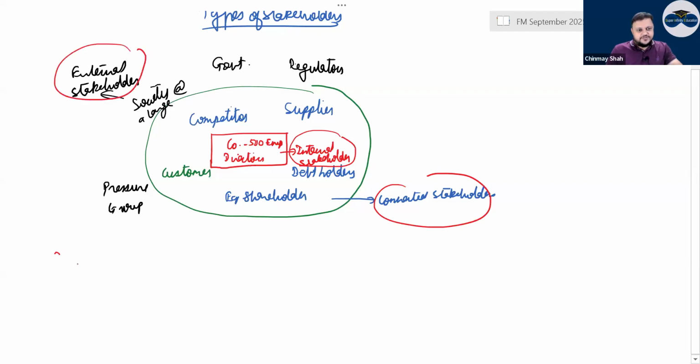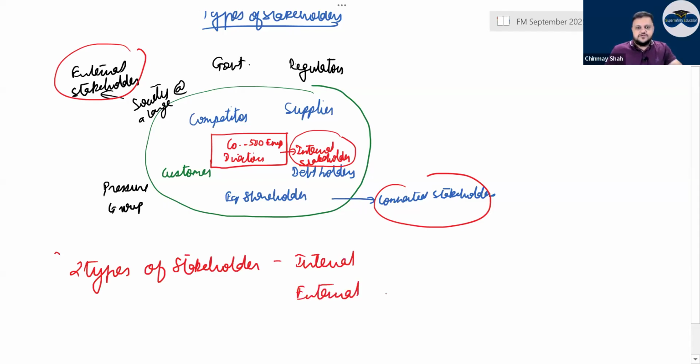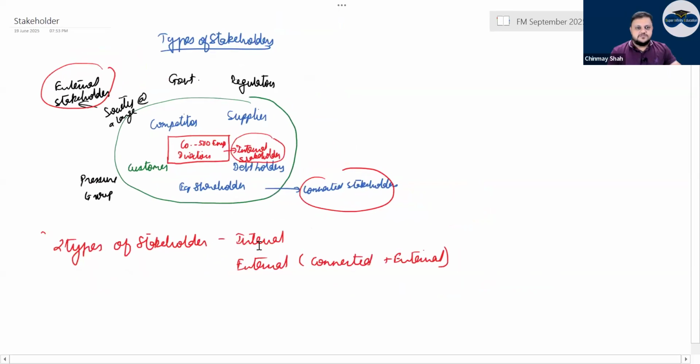But if it is only two types, then internal will be directors and employees, and under external you have connected and external both. Correct? Done and dusted. Have a look. Are you okay with this?